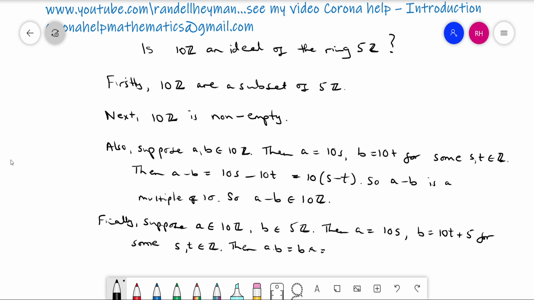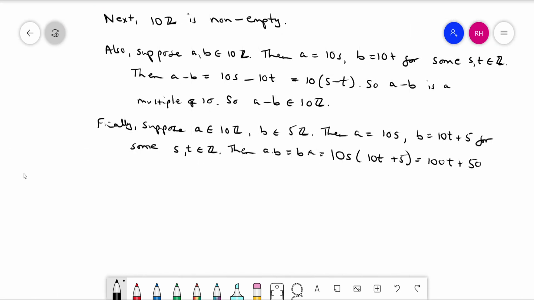So what's that equal to? 10S times (10T plus 5), and that is equal to 100T plus 50, and so that's equal to, 100T, actually that's not right, sorry, that's not right, let's go back here.